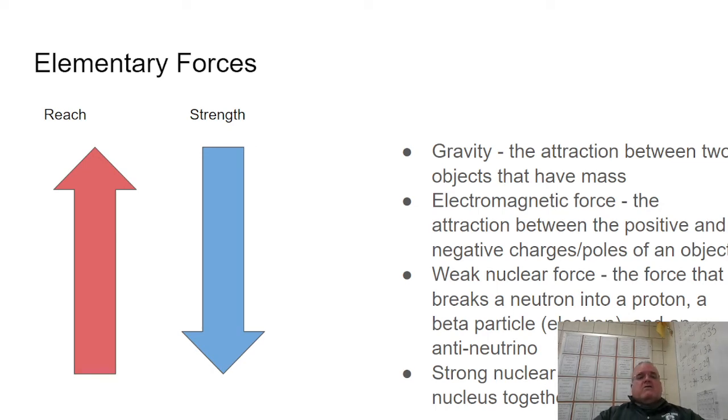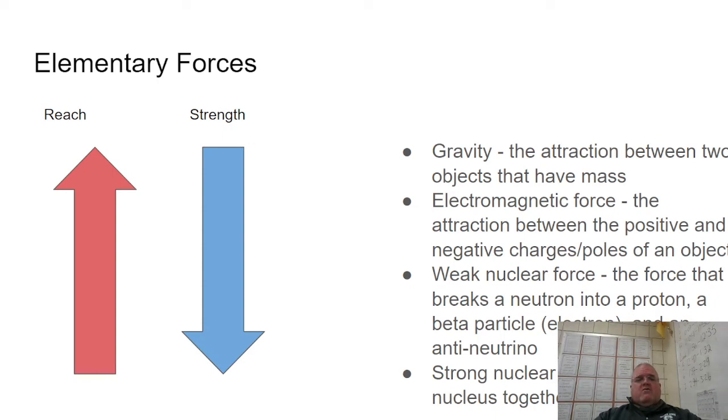Now, when we talk about strength, the strength increases as the distance decreases. Gravity doesn't have very high strength, but it has an enormous reach. The electromagnetic force has a little more strength, and it doesn't reach out as far.